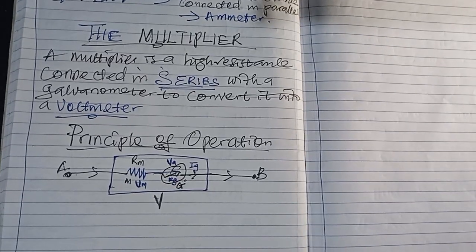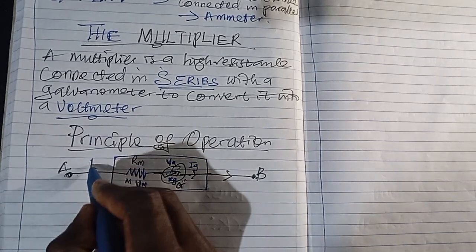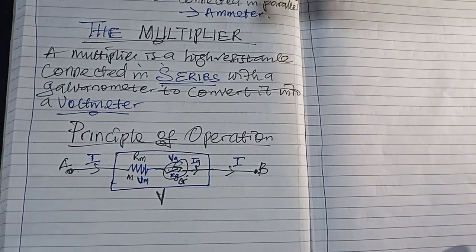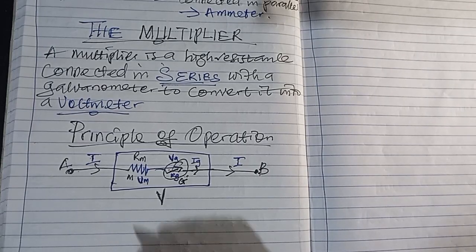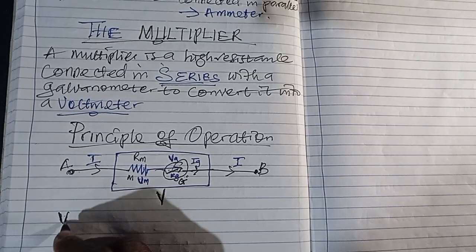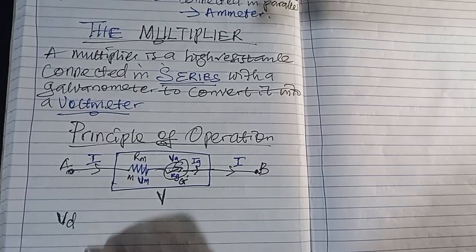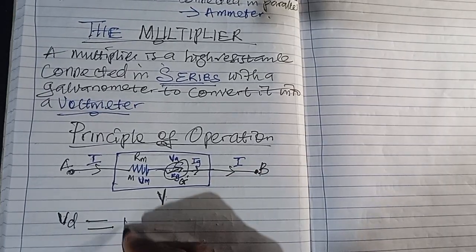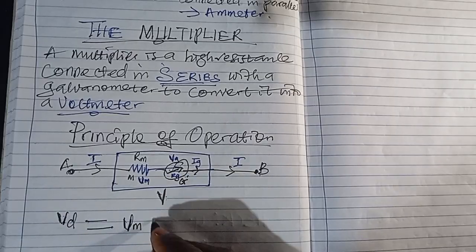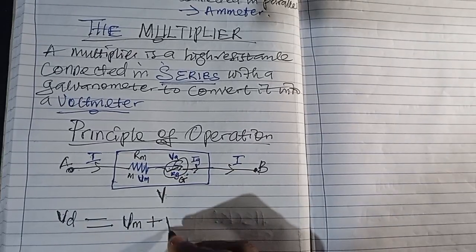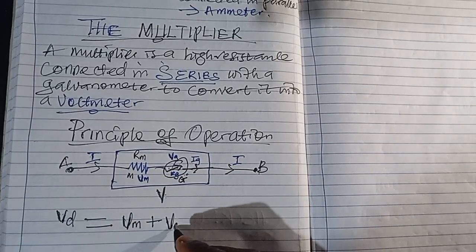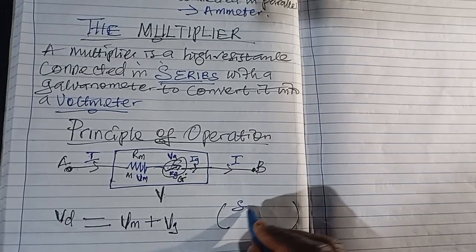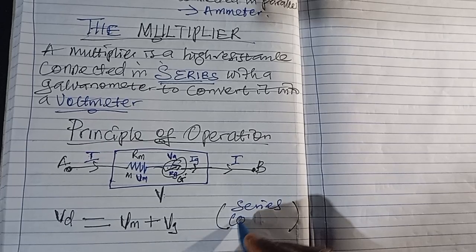So we can have our full scale deflection current I here, and the same I here. Now from here, we can have that the required voltage Vd is equal to Vm plus Vg. This is for series because they are in series connection.